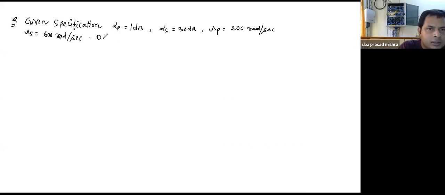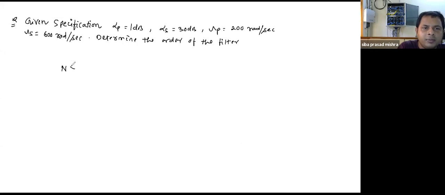The question is: determine the order of the filter. Everything is given. What is the formula? n must be greater than or equal to 1 by 2 log 10.